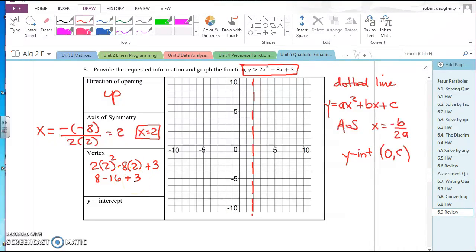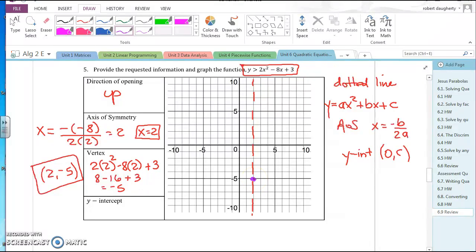So that's negative 8 plus 3, which is negative 5. So the vertex is going to be 2, negative 5. The vertex is a point. So at 2, negative 5, I'm going to graph that point right here. So that is my vertex.